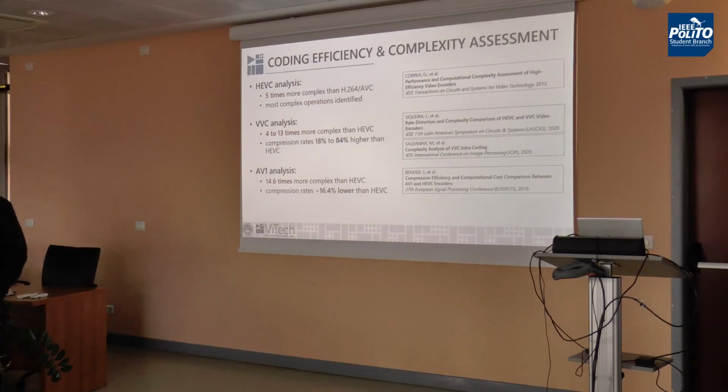All those tools that have been added increase complexity. We use this like a rule of thumb: every new generation, and these are not the numbers that we are showing, we roughly say the complexity of the encoding increases 10x from one generation to another. This is roughly what we have seen. The first one is telling you, okay, HEVC is 5 times more complex than H.264.